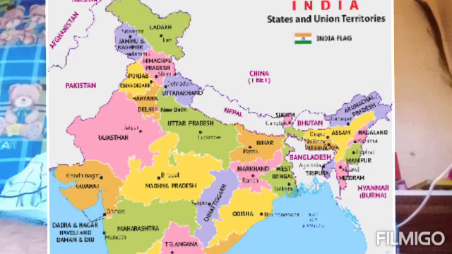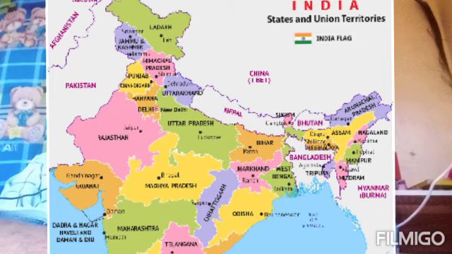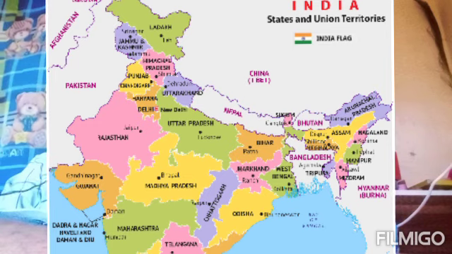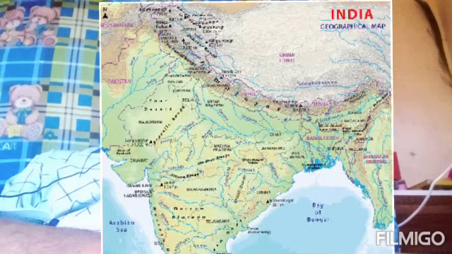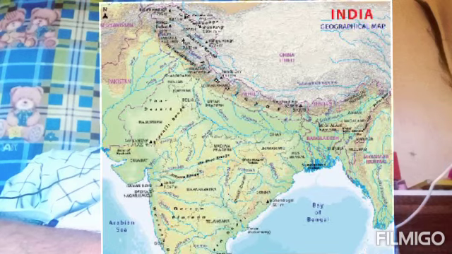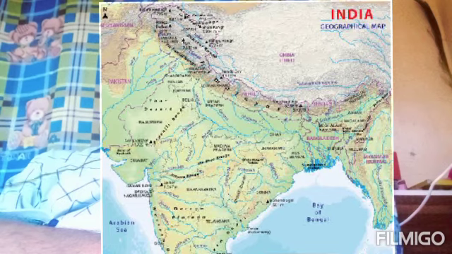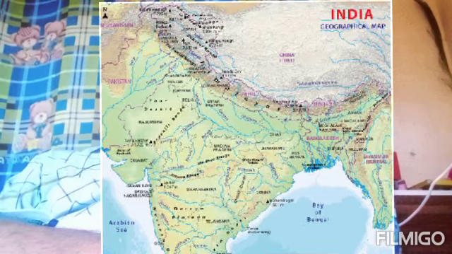Then here is the political map of India. Again, states, the capital of the nation, capitals of the states, important places. And this is the physiographical map of India. Again you can see different colors indicating the altitude of the Indian land, important water bodies, etc.